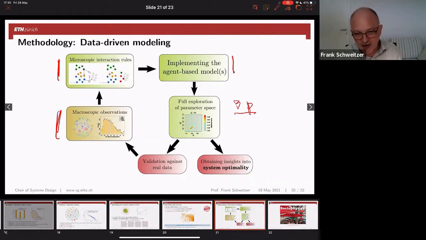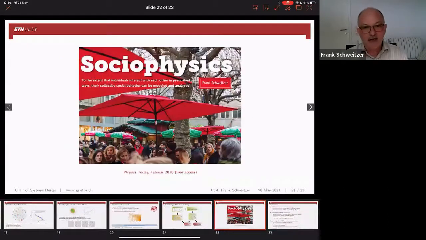I showed you this one slide where the blue dots match the yellow dots. This is our methodology.